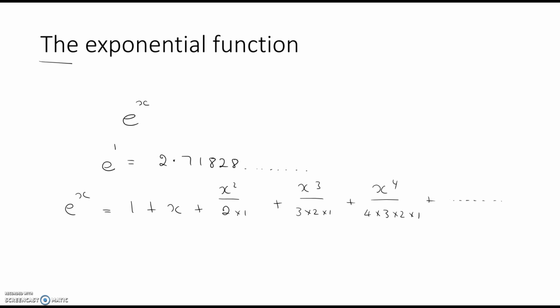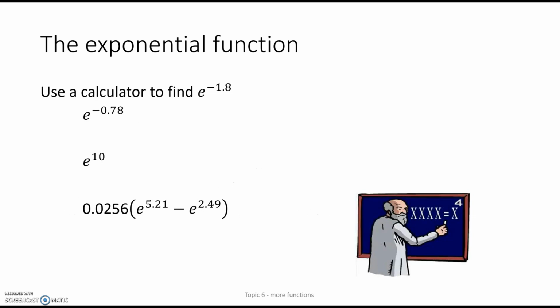Mostly we're going to use Excel or our calculators to actually find e to the x. But the rules just apply. So we can use the calculator to look it up. You would find on your calculator you're going to have to use the shift key, and then the ln key.